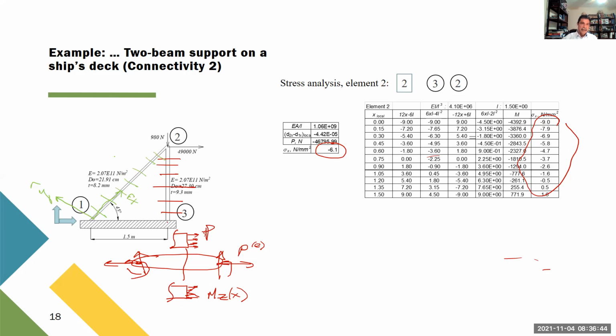Now, in this case, the axial force was positive because this force moves to the right and puts this element in tension. But the bending moment, again, depends on X. So you make different cuts and you see a variation in the bending moment.